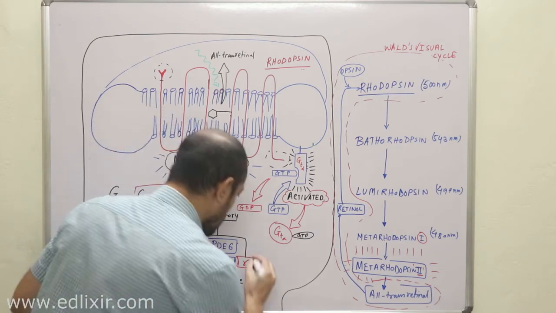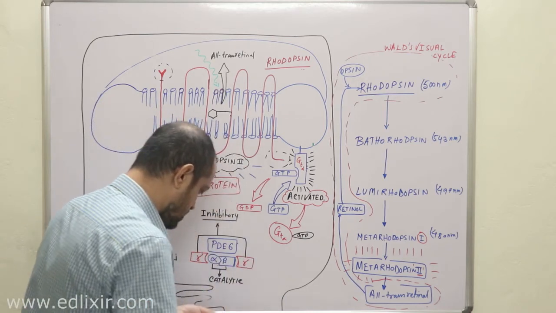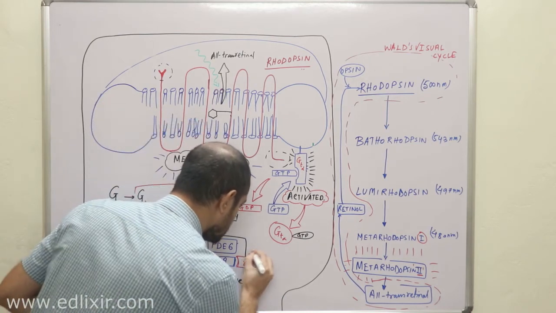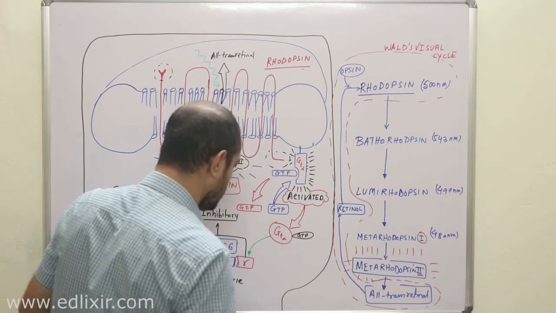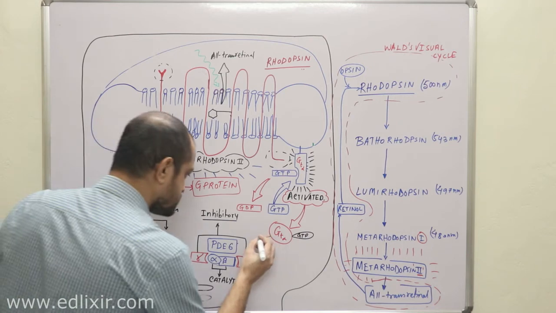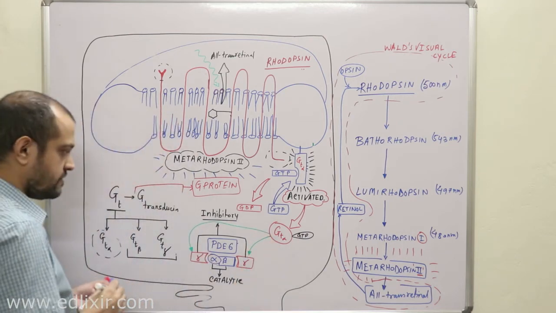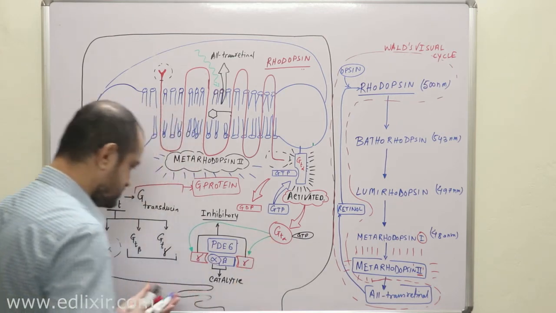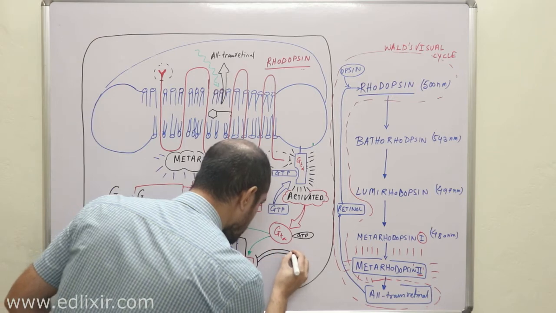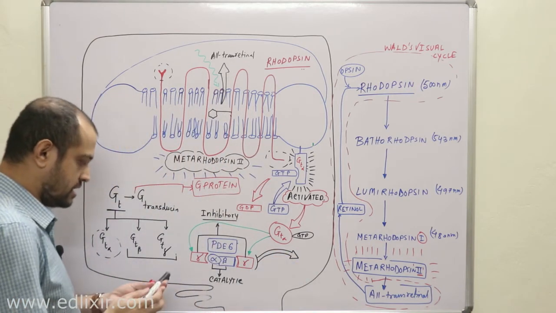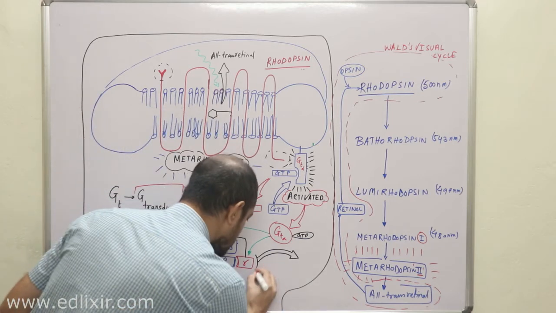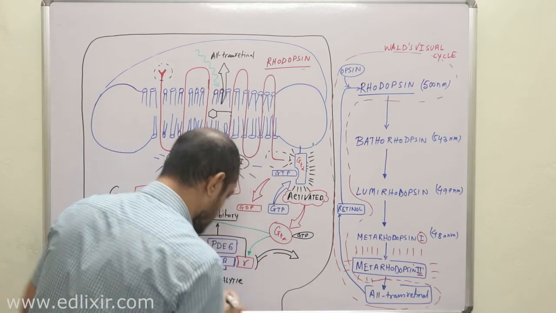Now listen with all your attention. When GT alpha is activated, then the gamma subunits are removed.